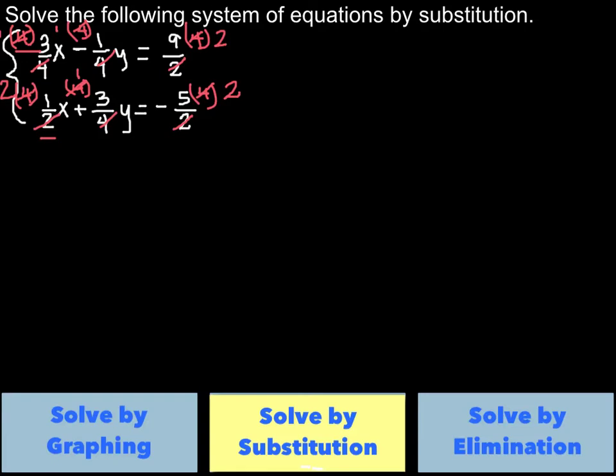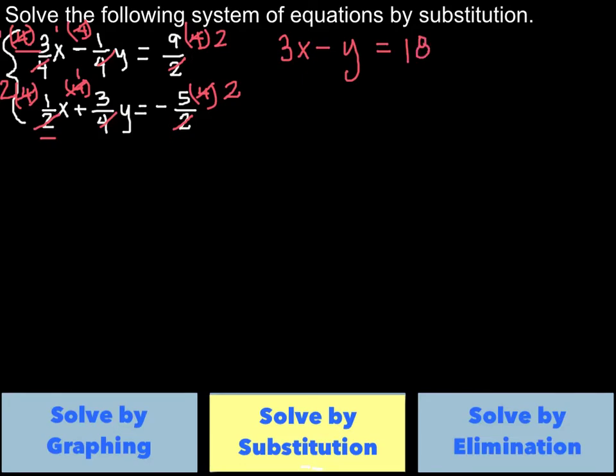So in the top, I had 1 times 3 times x, which is 3x, minus 1 times y, just 1y, equals 9 times 2 is 18. So I just multiplied the numbers I had left over from my division.